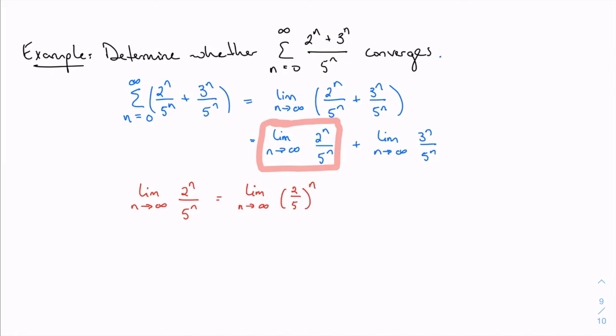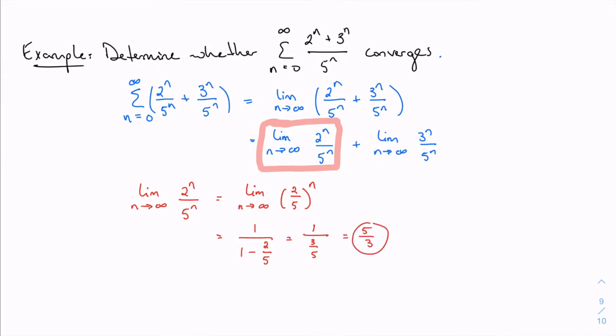Its first term is 1. Its common ratio is 2/5, which means this is going to converge to a number equal to the sum of the series. So this is going to be 1 over 1 minus 2/5, which is 1 over 3/5, which is 5/3.